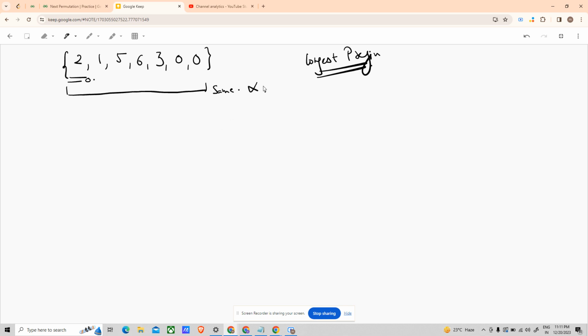That is not possible. I will have to reduce the length. Let's go up till here. But if I fixed all these elements and I'm remaining with this element only, with whom I can shuffle it because all others are fixed, so this is also not possible. So again, I have to come to here.